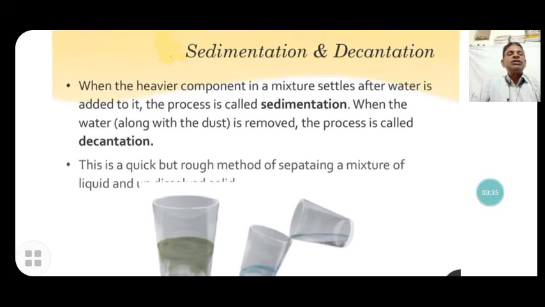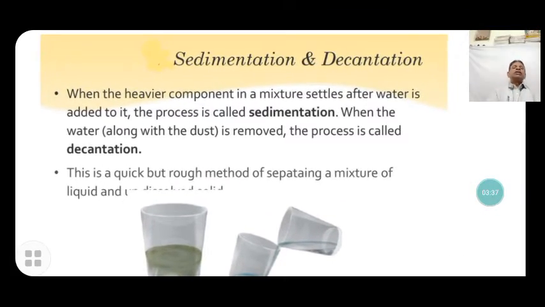Next, sedimentation and decantation. Both processes are carried out successively. After sedimentation, the decantation process is carried out. When some heavy component is mixed with the water and settles down at the bottom, the process is called sedimentation.